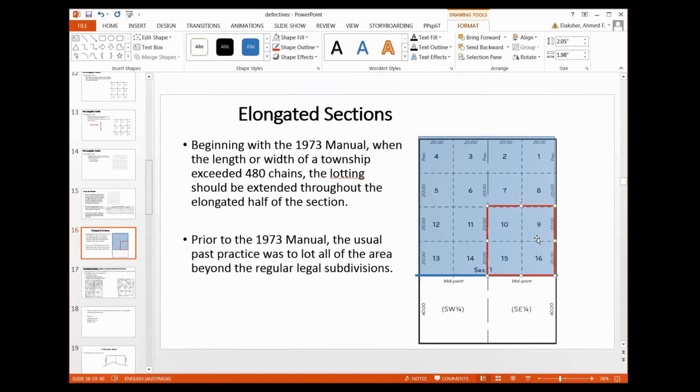Now it has been divided into 4 different lots. And the other part, which is this part, that was the northwest part, has also been divided into other lots.